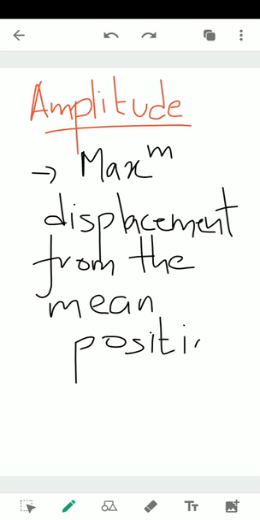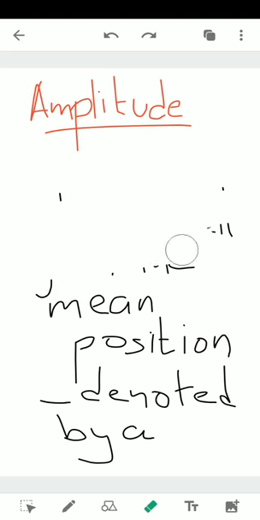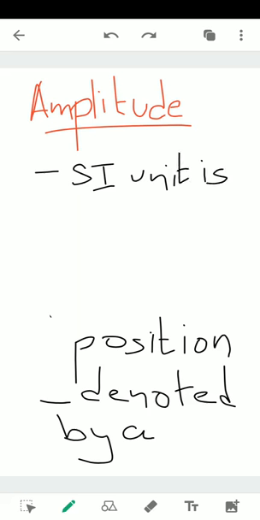It is denoted by the letter A, and its SI unit is meter. So these are the three important points related to amplitude. Amplitude is nothing but the maximum displacement from the mean position. It is denoted by small a and its SI unit is meter.